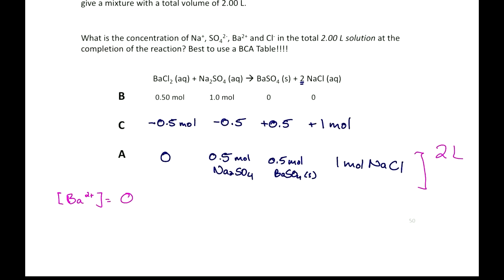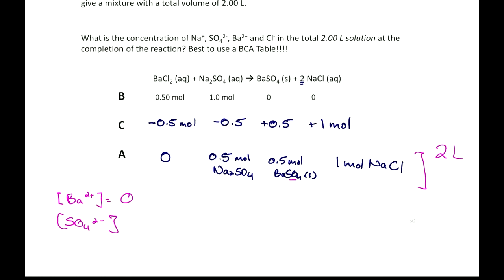Okay, let's move on to the next one. Let's look at the concentration of sulfate this time, SO4 2-. Look in the after line, what substance contains sulfate? Sodium sulfate. Again, sulfate in barium sulfate doesn't count because it's a solid and it's stuck at the bottom. We're looking at the concentration of stuff that's in the actual water.